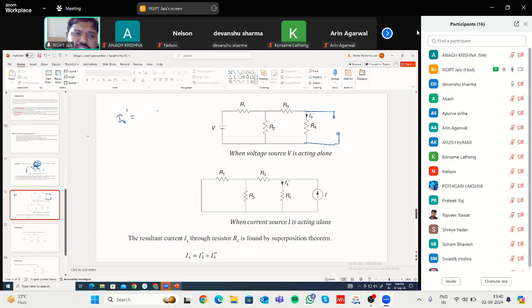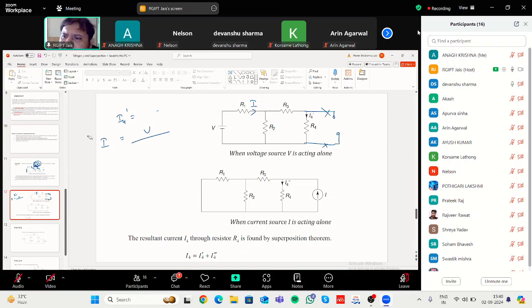First you have to find the equivalent resistance and the current I flowing through this path. The current I is the applied voltage divided by the equivalent resistance. This path you can neglect because it is an open circuit and no current will flow, so you can remove this part.